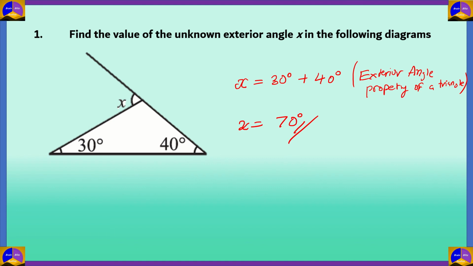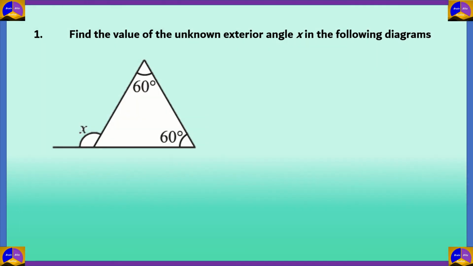We'll move on to the next question. In this question, x is still the exterior angle, and the interior opposite angles are both 60 degrees. So x is equal to 60 degrees plus 60 degrees, or 2 into 60 degrees.